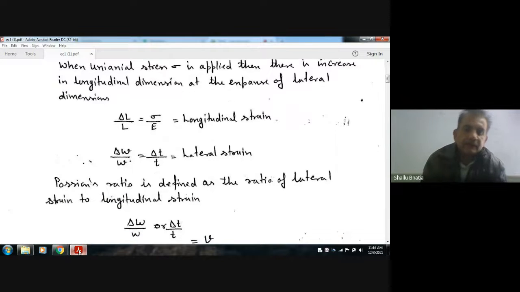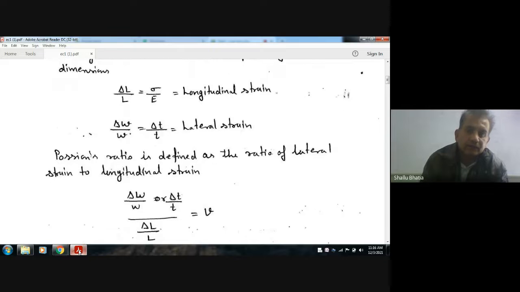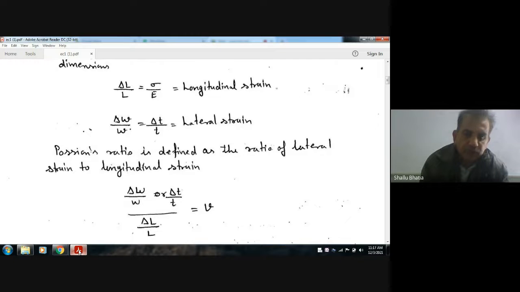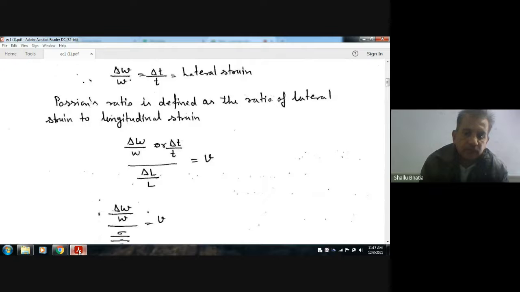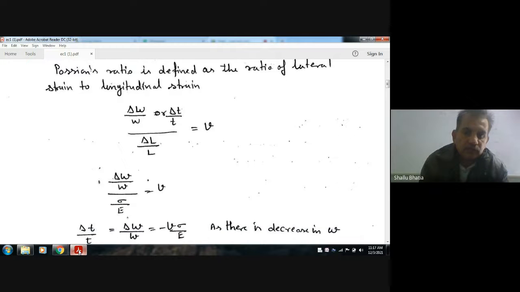Poisson's ratio is defined as the ratio of lateral strain to direct, or longitudinal, strain. Del W by W, or del T by T, divided by del L by L is equal to Poisson's ratio.